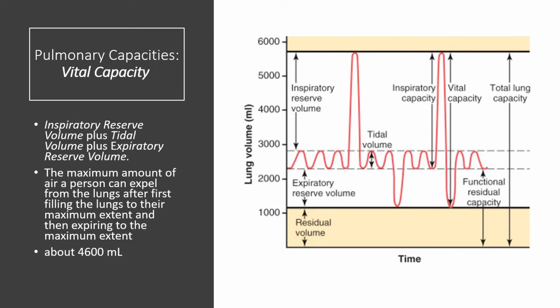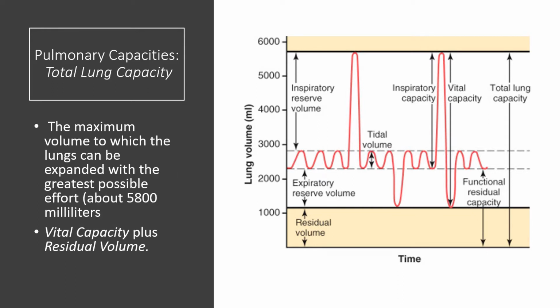The vital capacity, which is about 4,600 ml, is the maximum amount of air that a person can expel from the lungs after first filling the lungs to their maximum extent and then expiring to the maximum extent. It is the sum of the inspiratory and expiratory reserve volumes as well as the tidal volume.